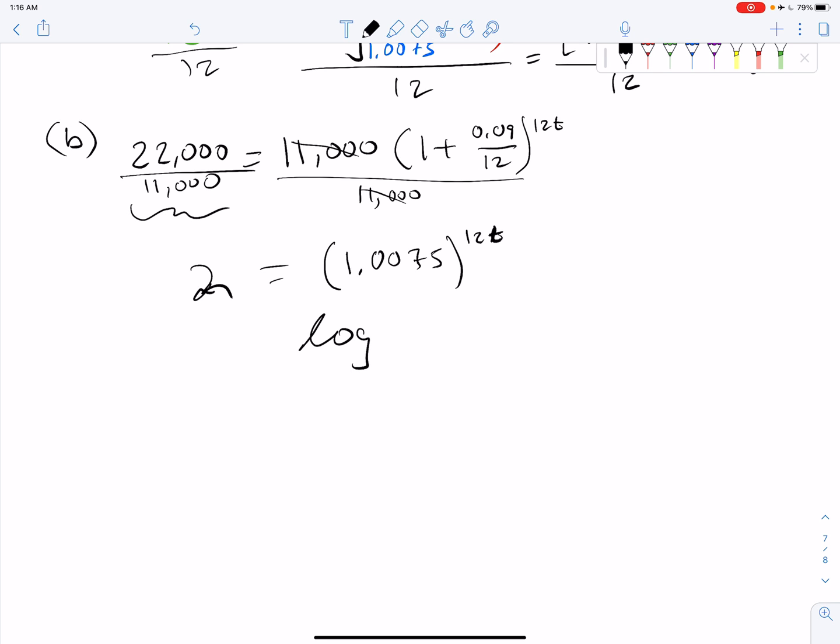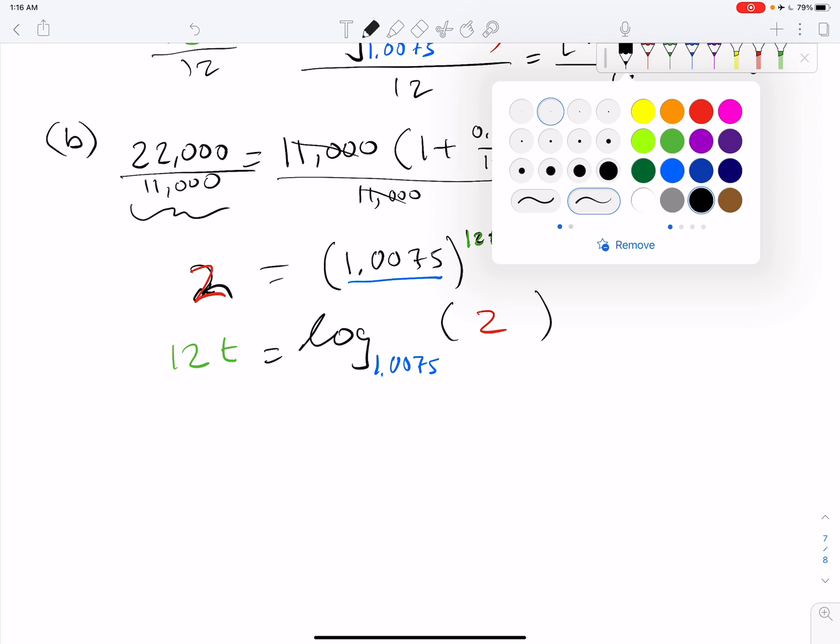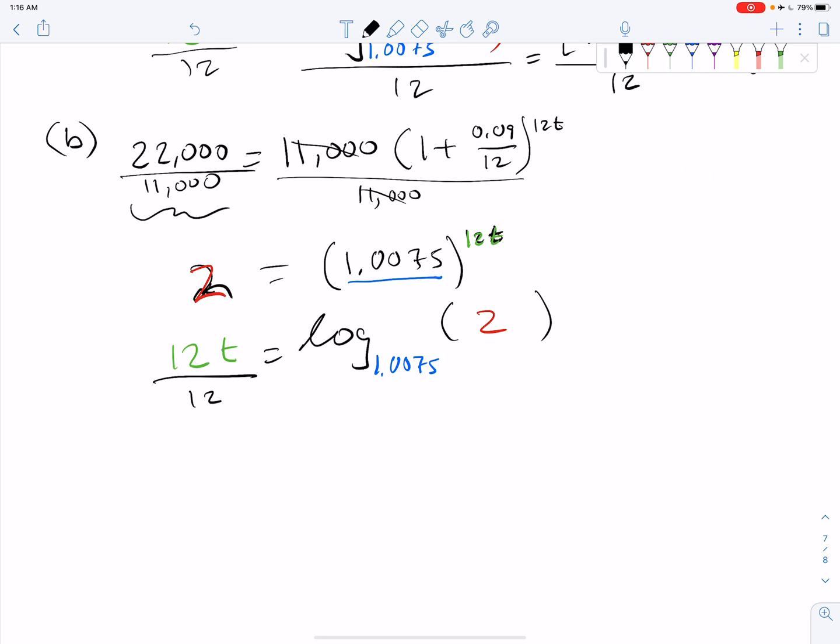Log base 1.0075 of 2, and that's going to equal 12t. I want to solve for t, so I'm going to divide by 12.